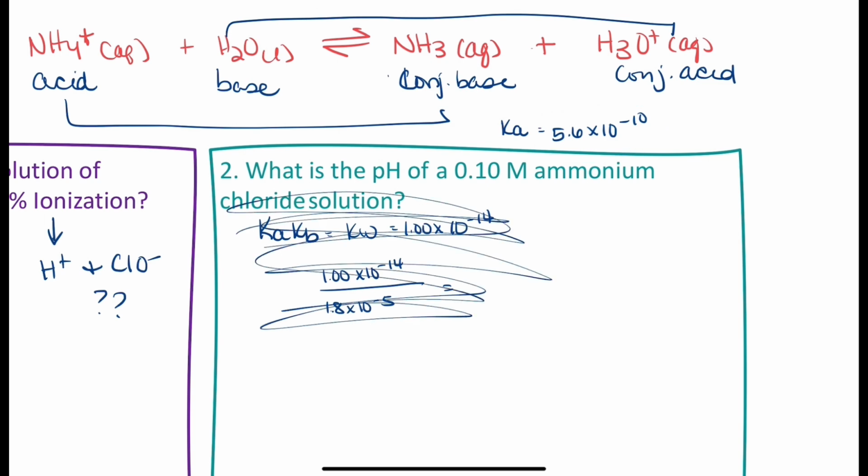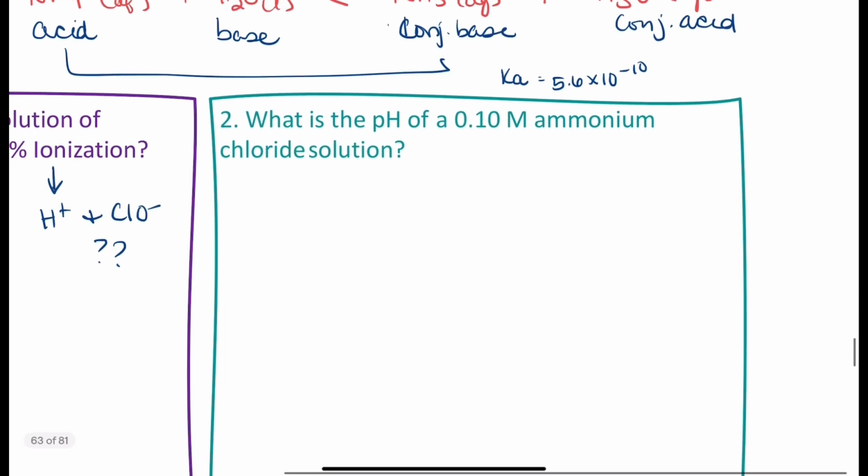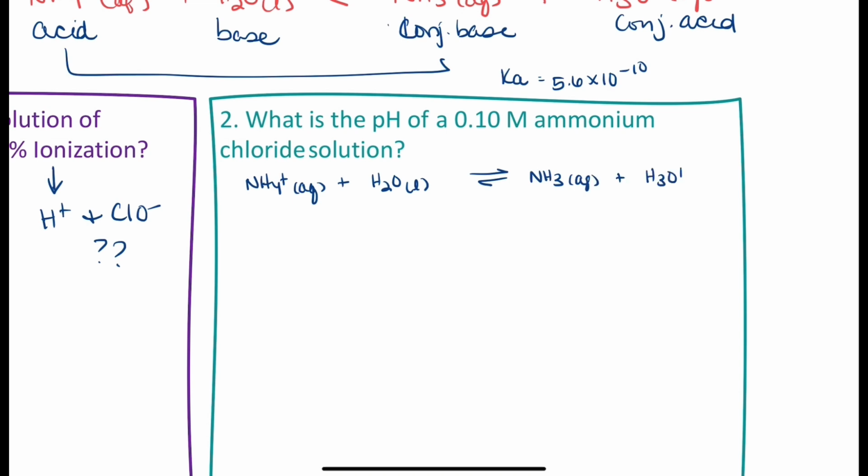I'm going to move that up here, and I'm going to get rid of this because I'm going to need space. Need to rewrite my reaction down here so I can write my RICE chart. NH4 plus, H2O, NH3 aqueous, H3O plus. So again, my ammonium is acting as an acid, water is acting as a base, ammonia is the conjugate base of ammonium, and the hydronium is the conjugate acid of water.